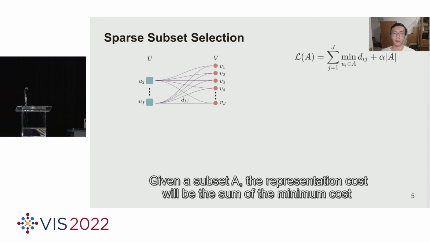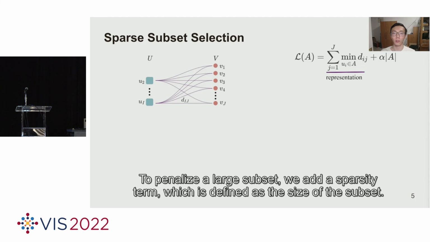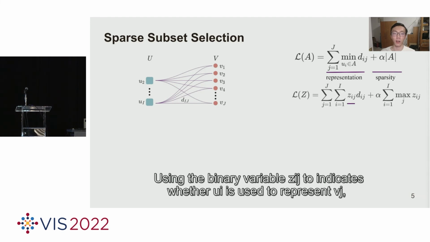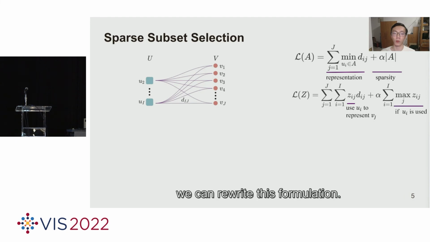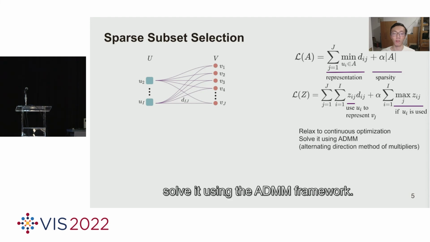Given a subset A, the representation cost will be the sum of the minimum cost that represents each Vj using the elements in subset A. To penalize a large subset, we add a sparsity term, which is defined as the size of the subset. Using the binary variable Zij to indicate whether Ui is used to represent Vj, we can rewrite this formulation. Then we relax them to a continuous optimization program and solve it using the ADMM framework.